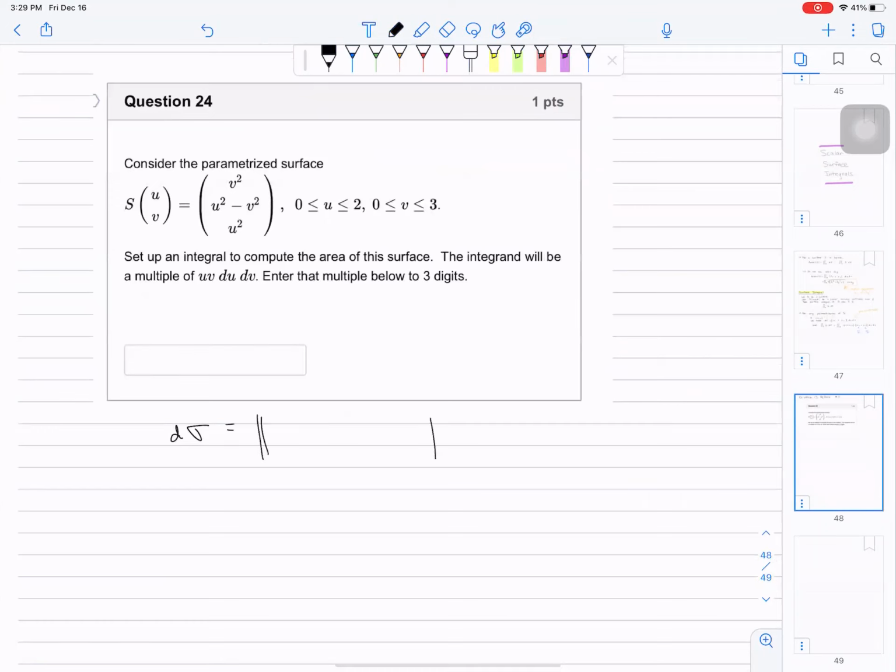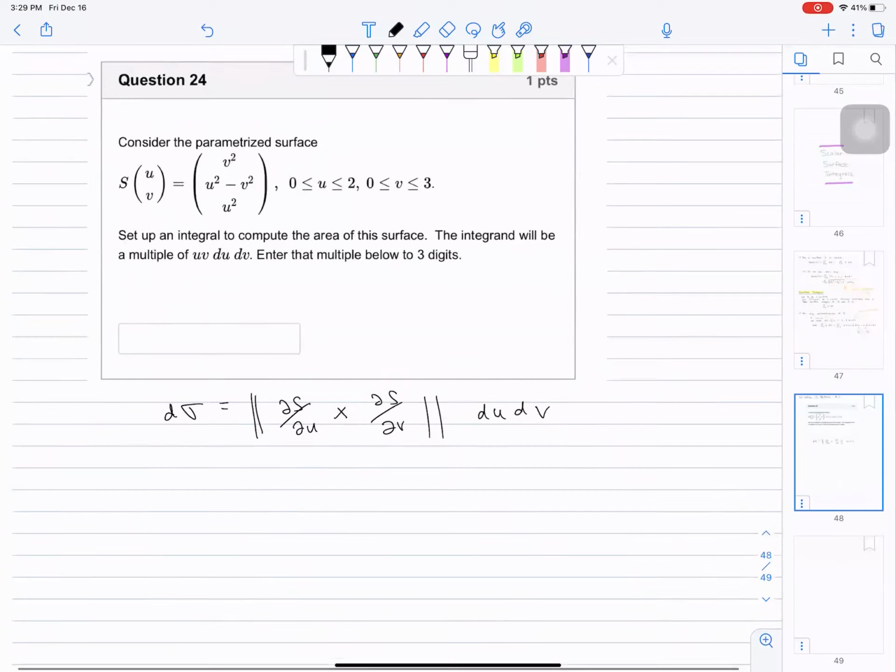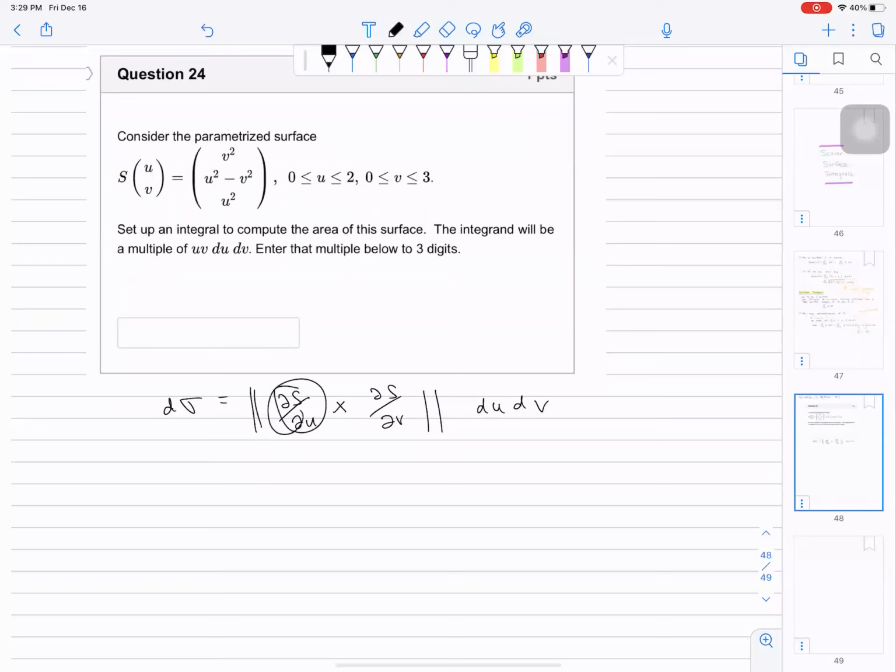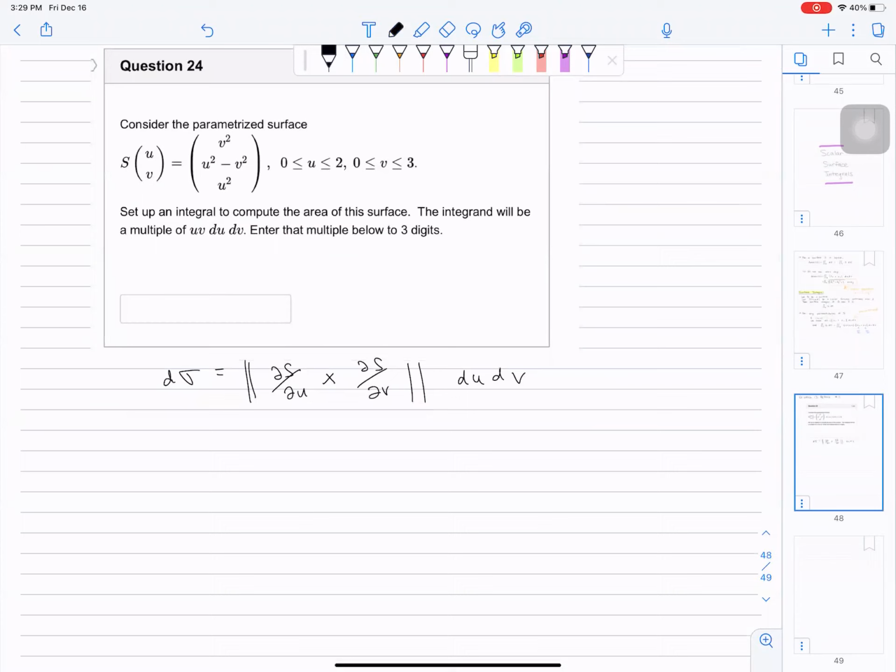That's going to be the length of the cross product of my parameterization, which is called S. So I'm going to take S with respect to U, cross it with S with respect to V. My input variables are U and V. How am I going to find these partials? Let me find the Jacobian matrix. I take the partial with respect to U and the partial with respect to V.